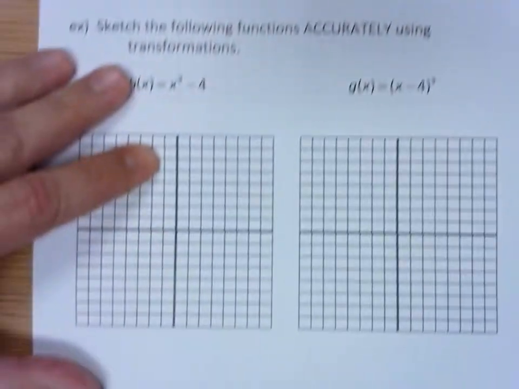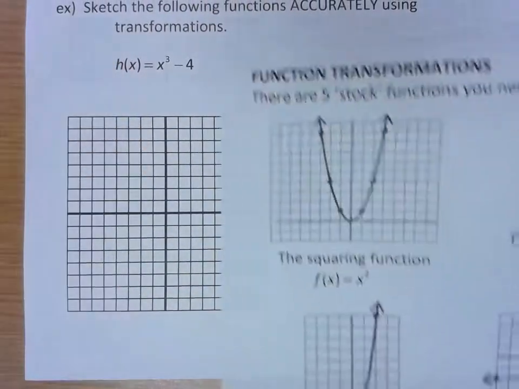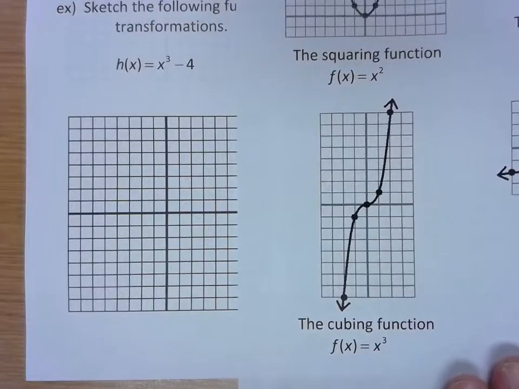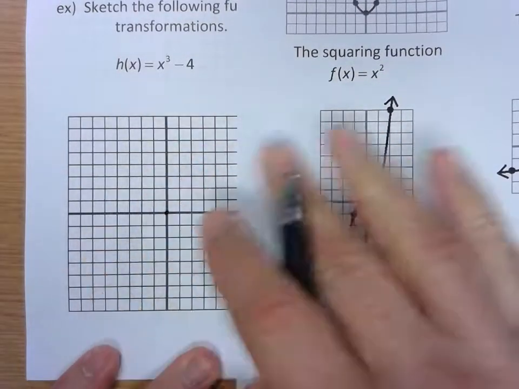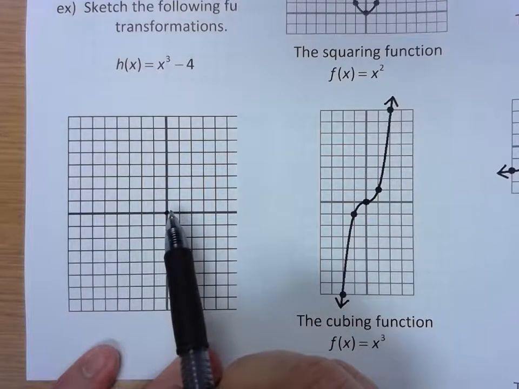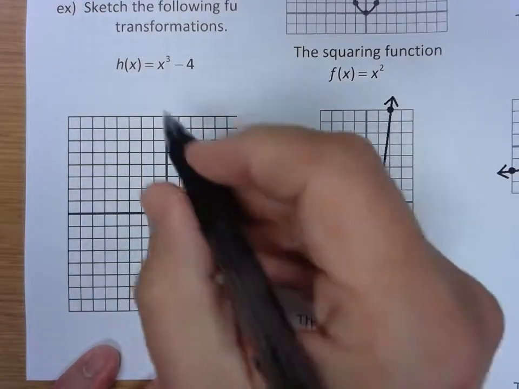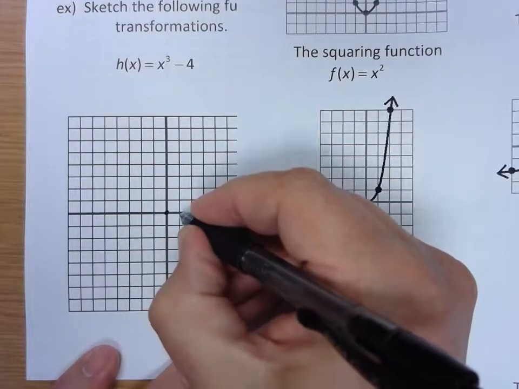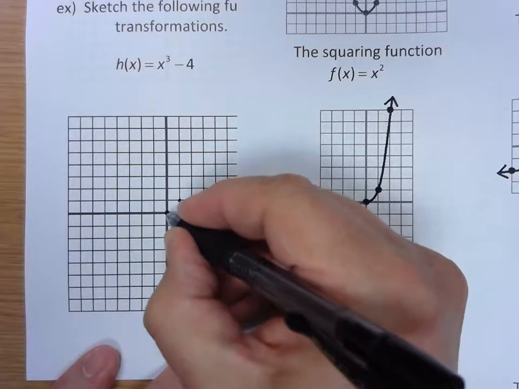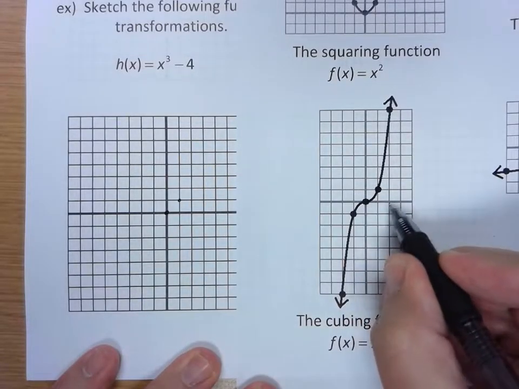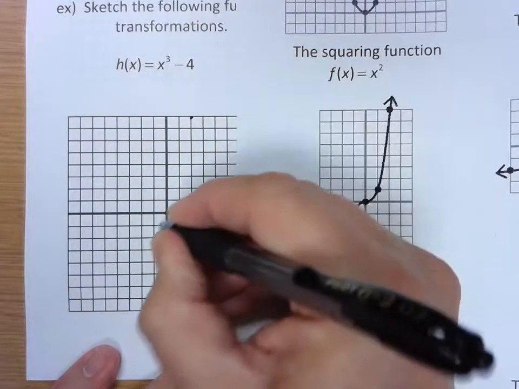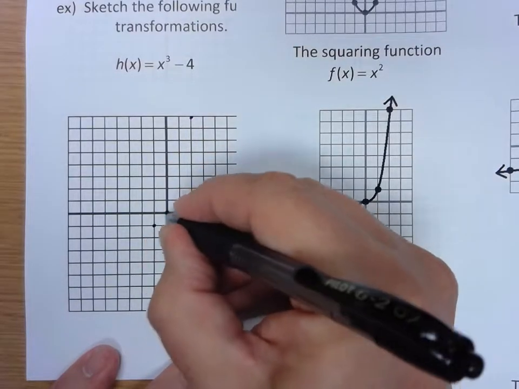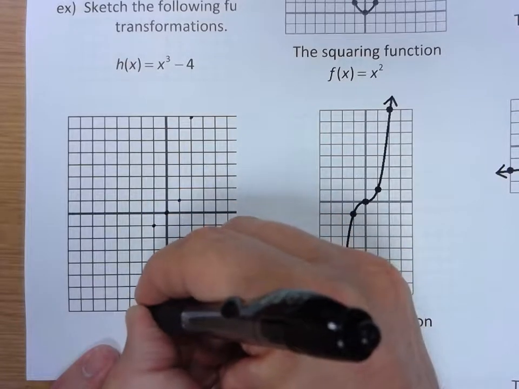down by 4 units. So what I usually do is I'll just take the original function's graph and do a lightly drawn version of the original untransformed function first. So starting at the origin, for the cubing function, you can go 1 click right and 1 click up, 2 clicks right and 8 clicks up, 1 click left and 1 click down, 2 clicks left and 8 clicks down.